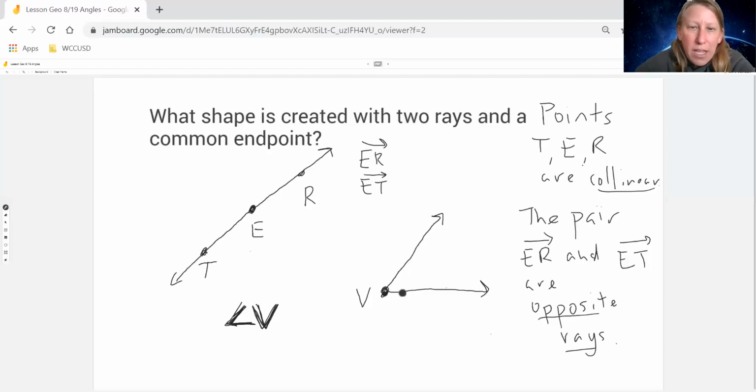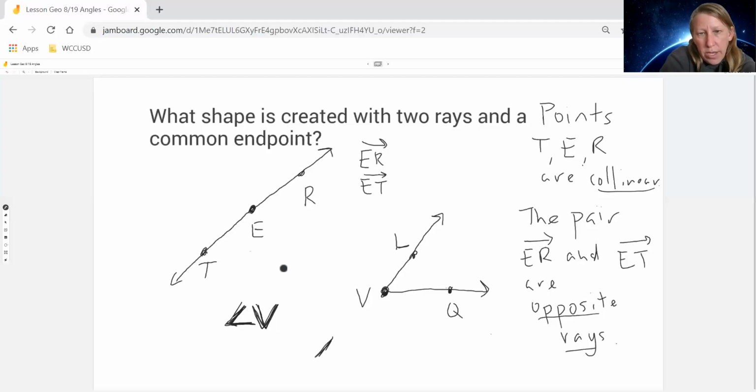So this is named angle V. We can name angles with just that point at the corner, just that common vertex between the two rays, the common endpoint. We can also put some extra letters on here like L and Q.